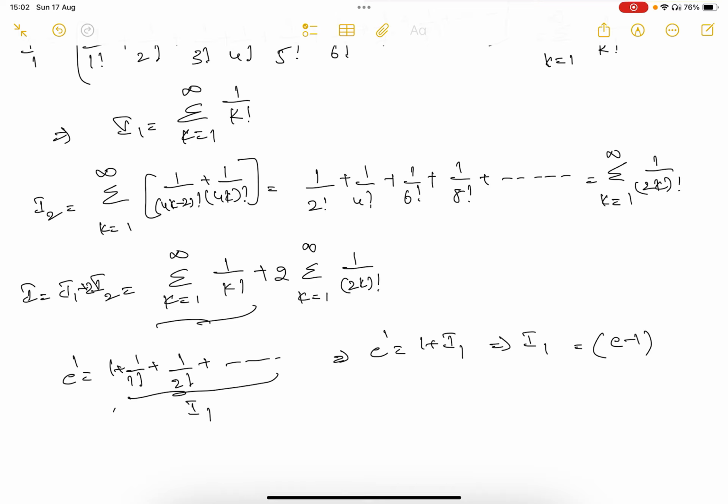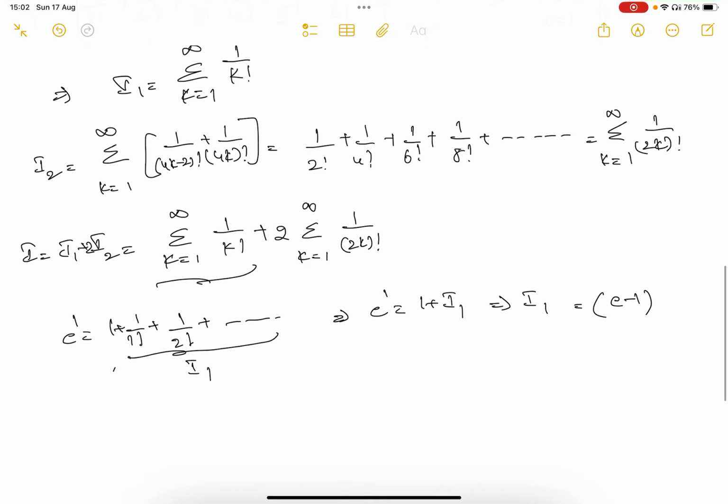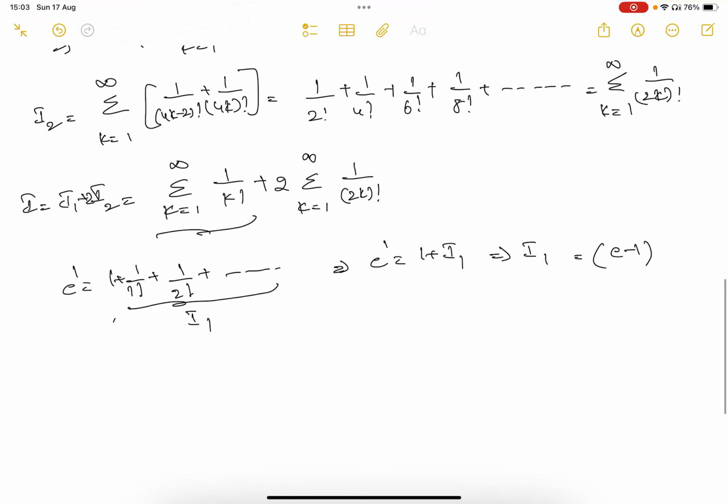What about the I2? I2 looks like 1 by 2k factorial, which is cosh 1. You can check it once. Cosh 1, the formula for it is e power 1 plus e power minus 1 by 2, right?